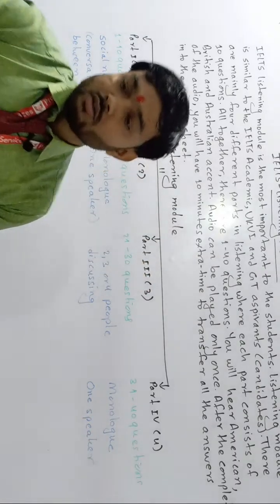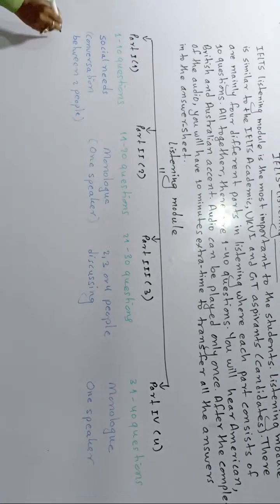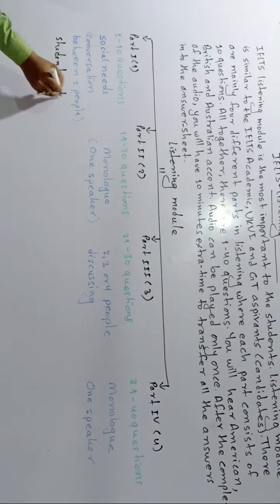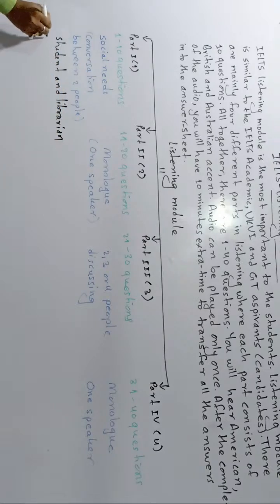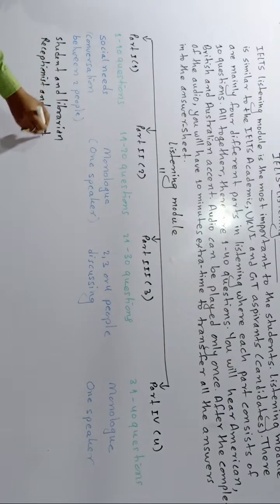Alright? To make it very easy, I want to give you some examples. Like in part 1, maybe the conversation is between two persons, like a student and a librarian, or a receptionist and a guest.